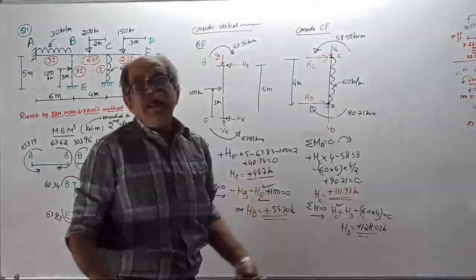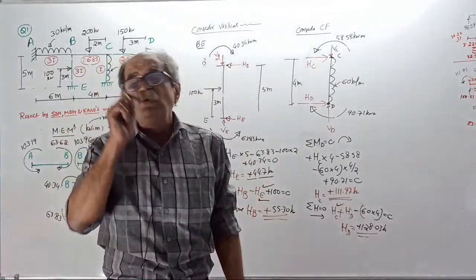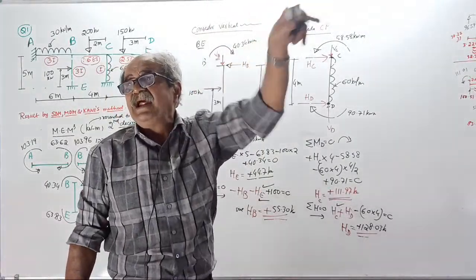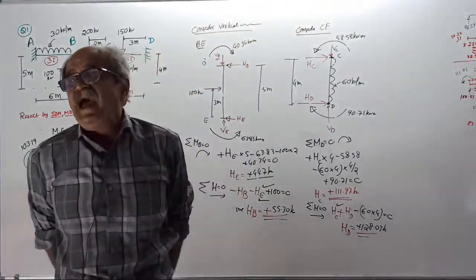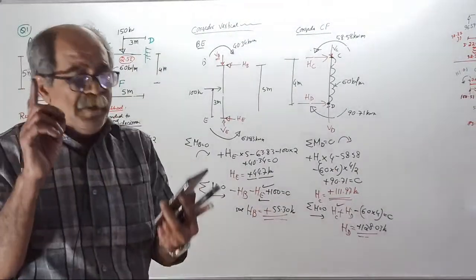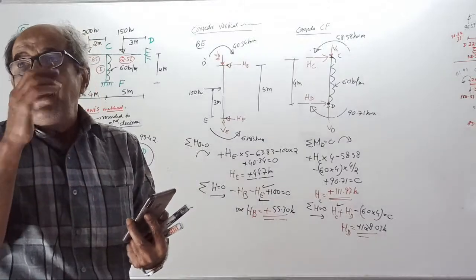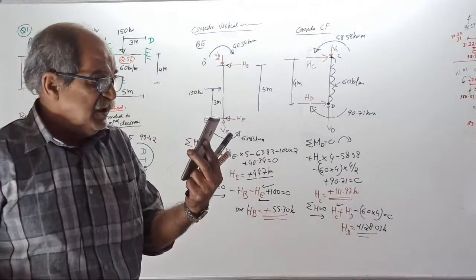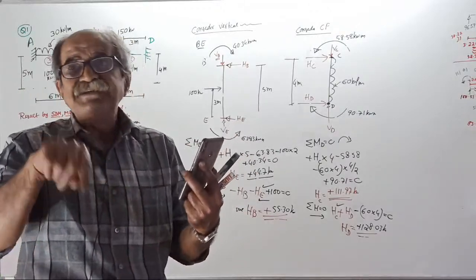By chance, if any reaction comes negative, what do you have to do? When you enter for SFD-BMD free body later, whichever you got negative reaction, that one you reverse it and apply. This is also clear. When you consider that reaction for next time, no minus sign. In case you got negative, you reverse it and apply.